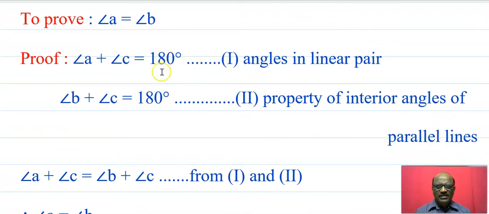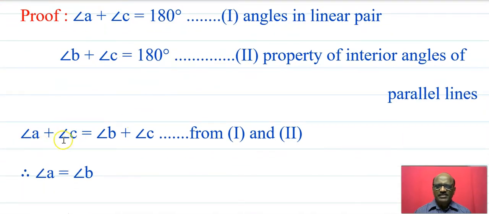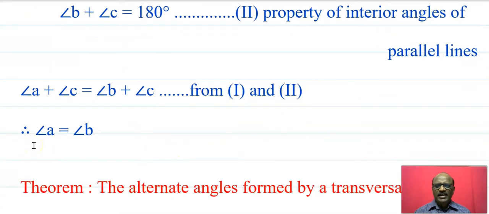Now see this, the right hand side of statement 1 and statement 2 are the same. Therefore, the left hand side is also the same. Therefore, angle A plus angle C is equal to angle B plus angle C. Now we can cancel angle C on both sides, and hence we get measure of angle A is equal to measure of angle B, and hence the theorem is proved.